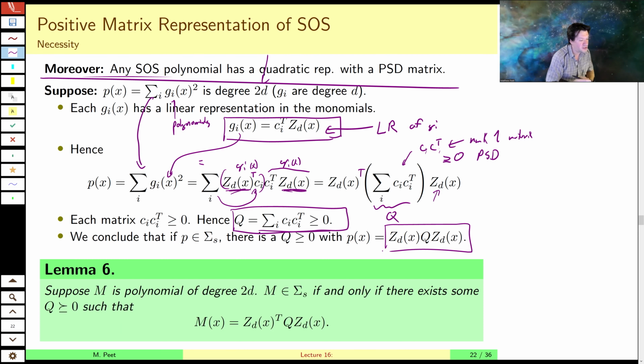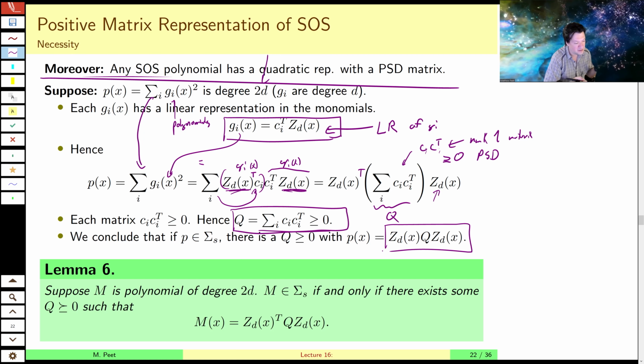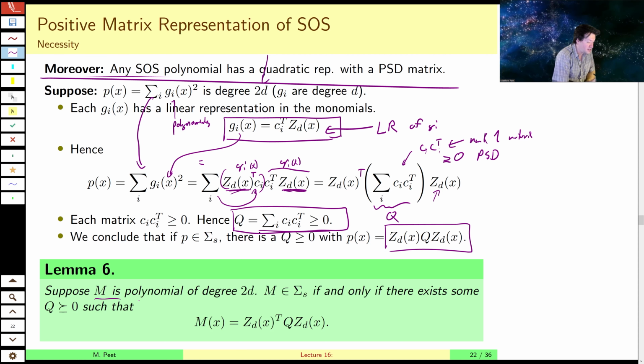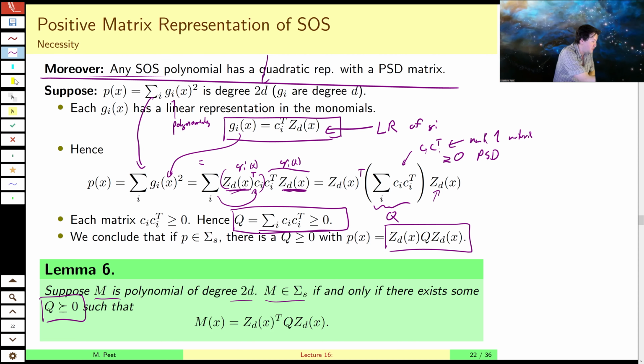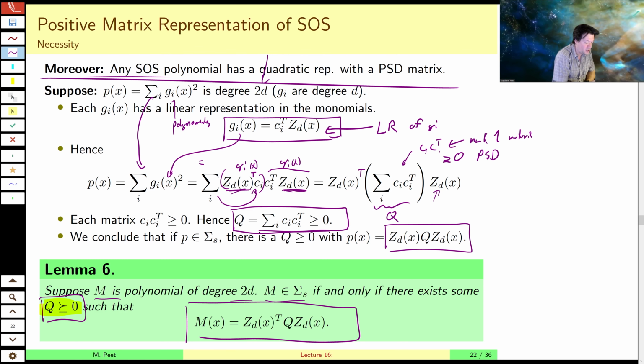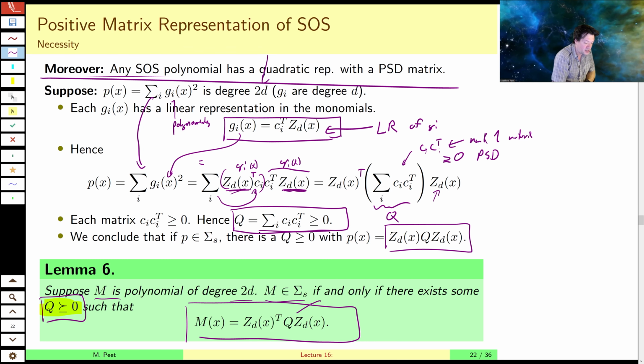So this shows that not only is the LMI for sum of squares sufficient, but it's also necessary. If M is a polynomial of degree 2D, then M is a sum of squares if and only if there exists a positive matrix Q such that M is equal to the quadratic representation using Q.